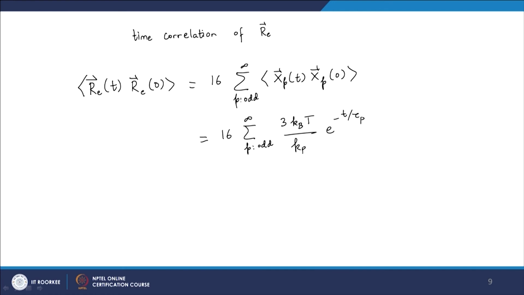I am not doing the full derivation here, but we have already discussed what the correlation becomes.